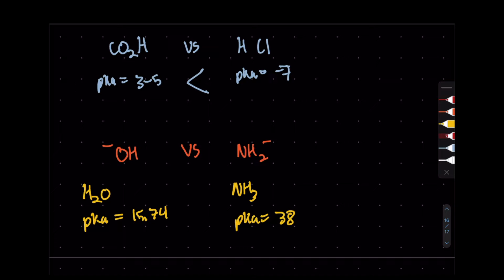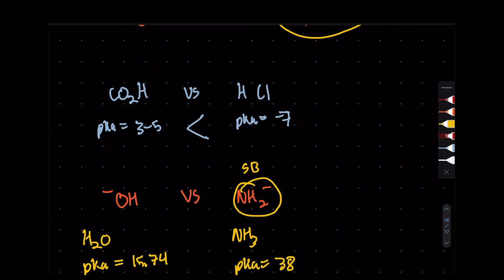What we know is that the higher the pKa, the weaker the acid, but the stronger the base. So this high pKa is saying that NH3 is a weak acid, but its base is going to be very strong. So a high pKa value of a conjugate acid indicates that the base will be strong. And so we can conclude that NH2 is a stronger base. I hope that clears up comparing bases and comparing acids.